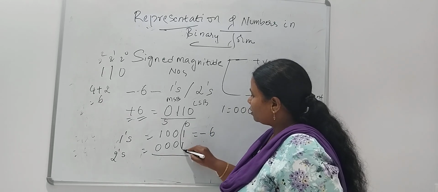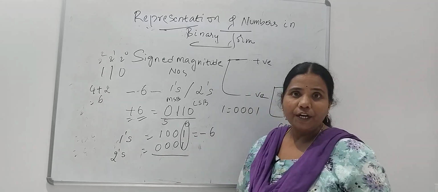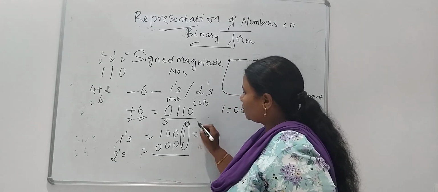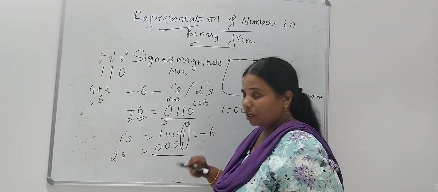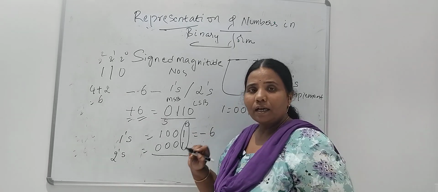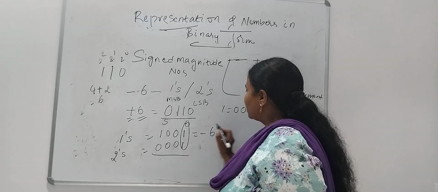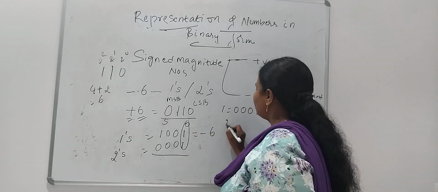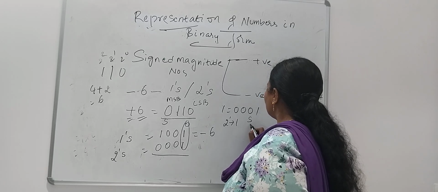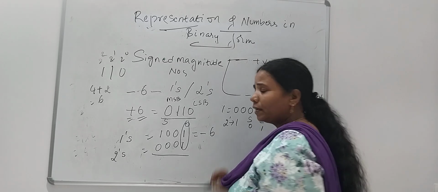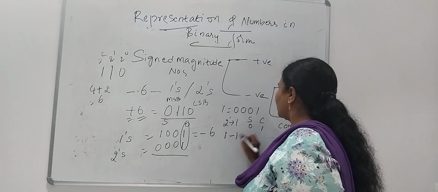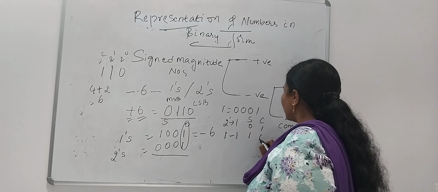Remember that I have already covered the full adder in the previous videos. In the full adder, 3 inputs are used. Among the 3 inputs, if 2 inputs are 1, then sum is equal to 0, carry equal to 1. Among the 3 inputs, if 1 input is 1, then sum will be 1, carry will be 0.